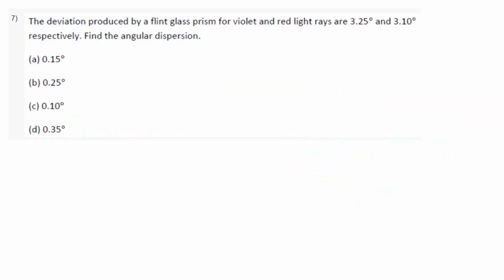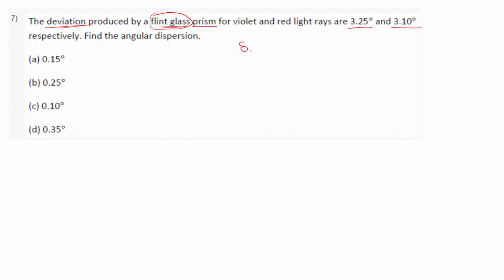Seventh question is, the deviation produced by a flint glass prism for violet and red light rays are 3.25 degree and 3.10 degree. So flint glass is the material of the prism, and the deviation for violet and red light has been given.